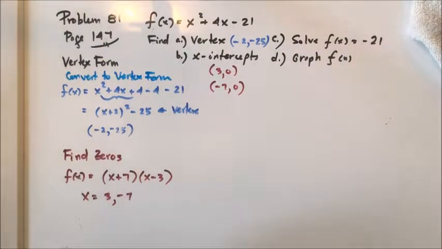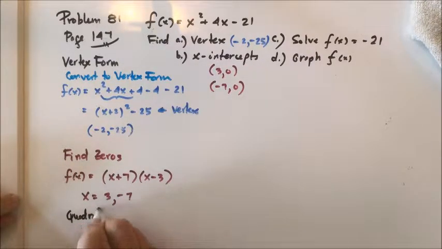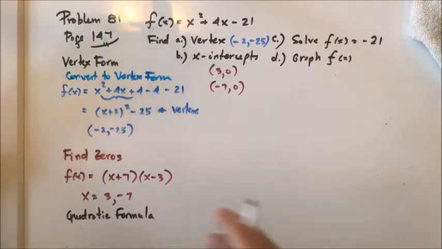I just can't leave it at that. Let's just use the quadratic formula as a way that always produces the two zeros for you, whether they're real or imaginary.